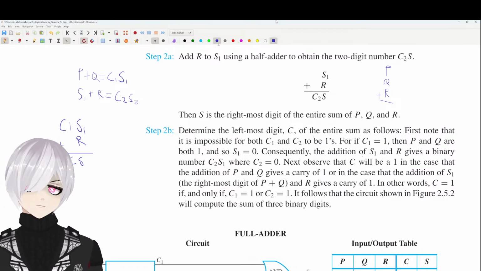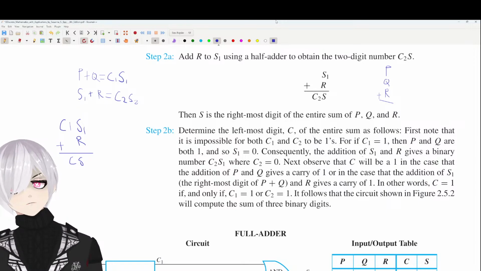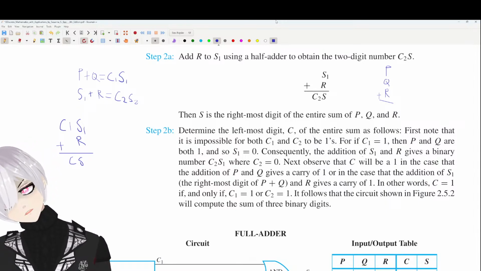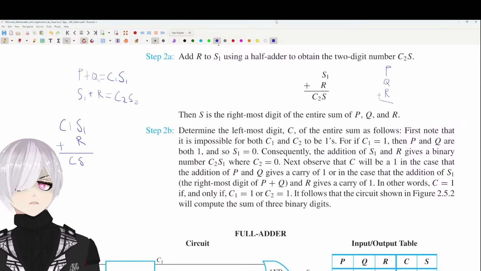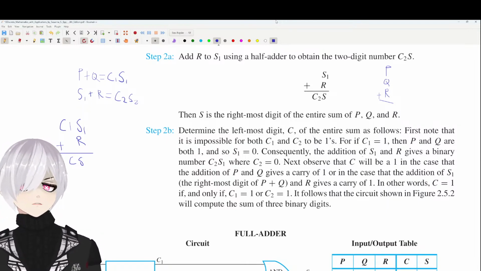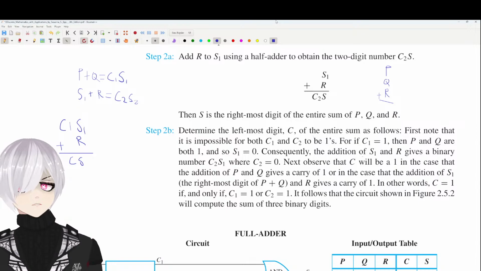And I'm missing a block here. So what's the big picture of how you construct C? First you get C1 and S, then you add R to C1 and S, and adding R to S gets you C2 and S2.